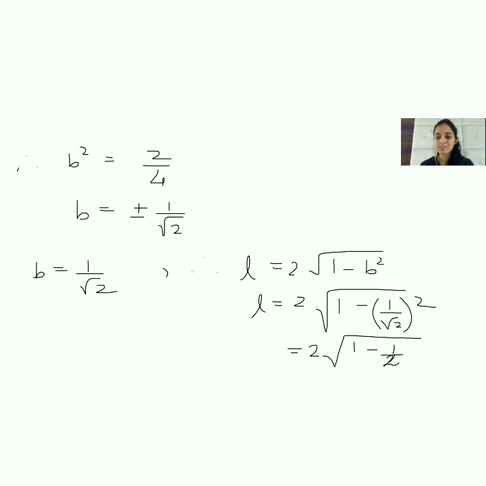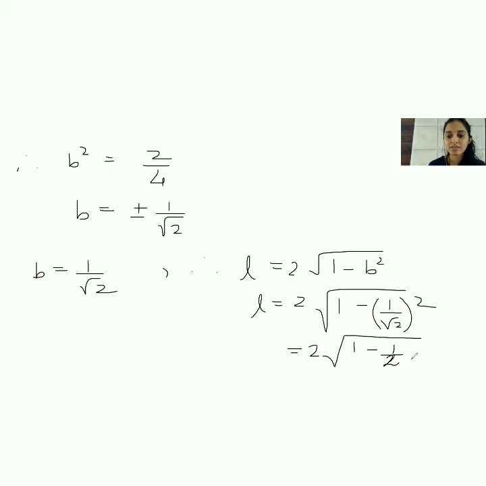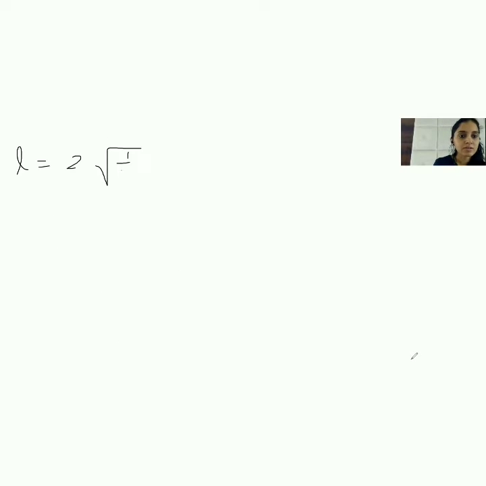Let us calculate that. The length is equal to 2 under root of, we're left with 1 minus half, that is half. So which is 2 upon root 2, rationalize it, length is equal to root 2 units.